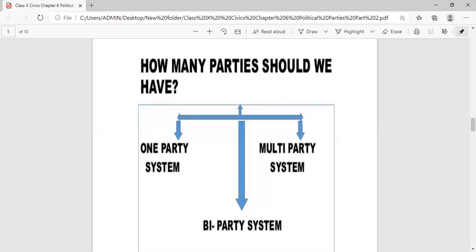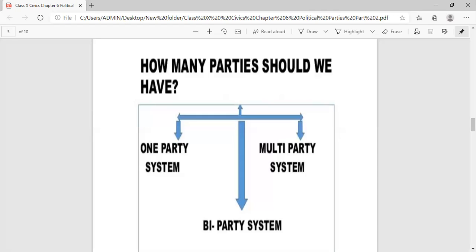As a result, all the diversities cannot be absorbed and looked after by only one or two parties. So to inculcate diversity, India adopted a multi-party system. India has so many parties, and we have two main alliances in central government politics, that is NDA and UPA.